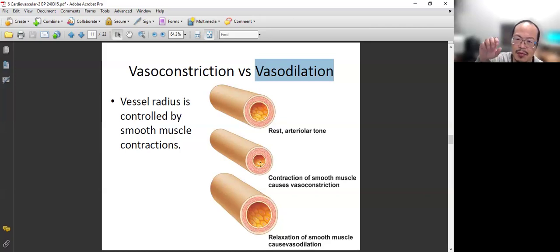Another reason is that when there is injury, the vessel would think that there is leakage. So they will try to contract in order to prevent too much fluid from getting leaked out. So injury will also tend to cause vasoconstriction in order to prevent losing your blood.